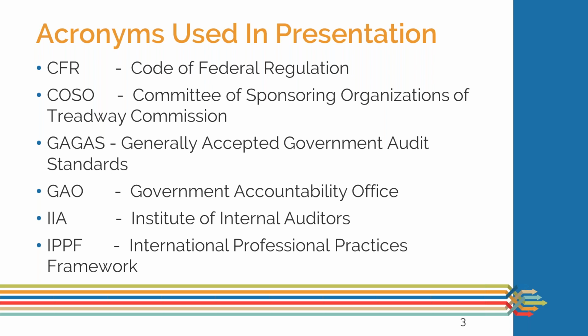When they come out to audit your organization, they're actually using GAGAS. And within that, there's the Government Accountability Office, which handles both GAGAS and also some of the other documents that we have, the Green Book in that situation. We'll also have a little bit about the Institute of Internal Auditors and their International Professional Practices Framework.